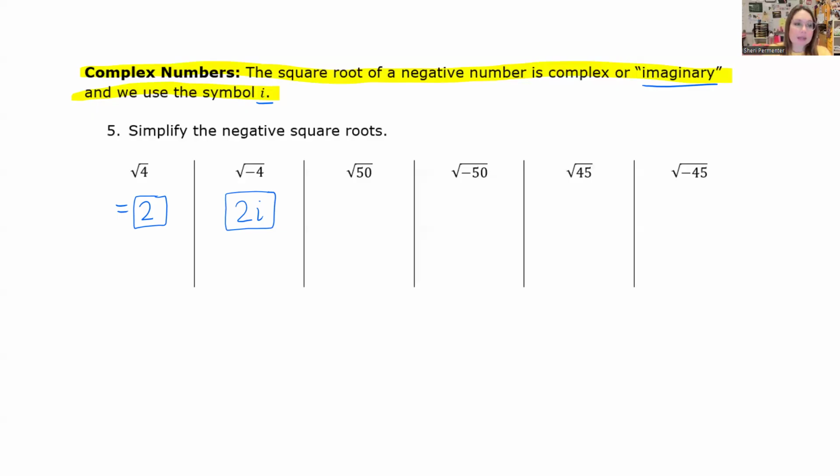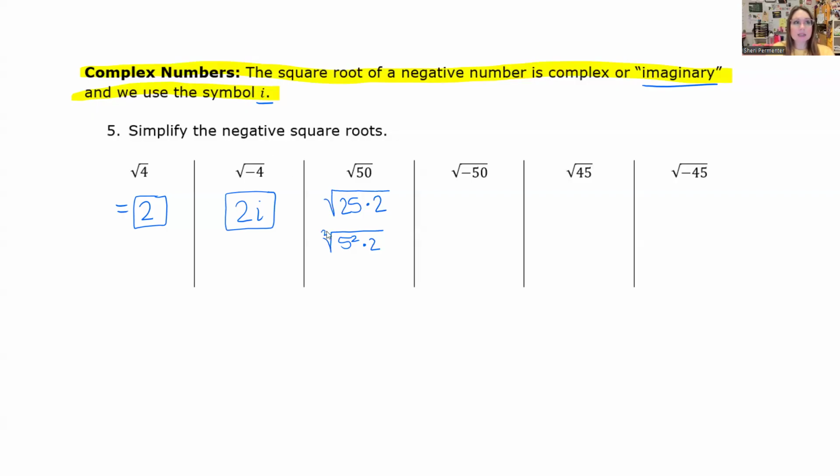So what I'm going to do, and I'm going to work really slowly, I'm going to show you step by step. The square root of 50 is the same thing as the square root of 25 times 2. 25 is the same thing as 5 squared, times 2. There's actually this little imaginary 2 right here.